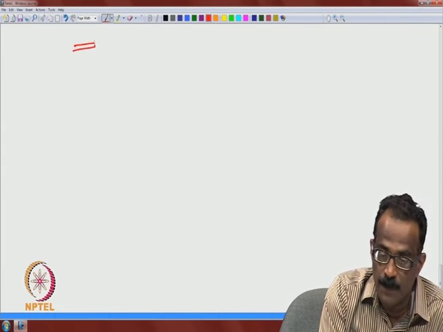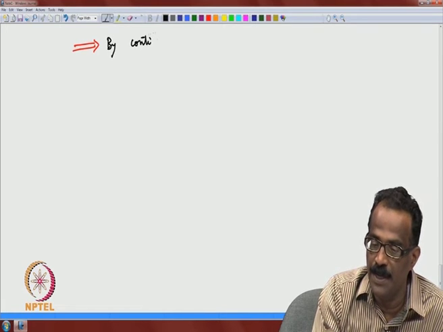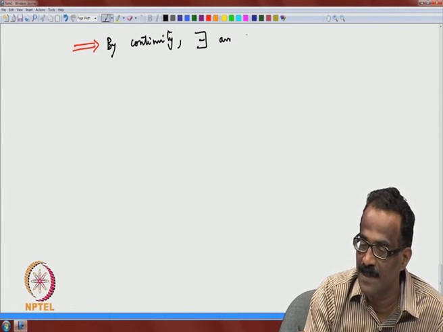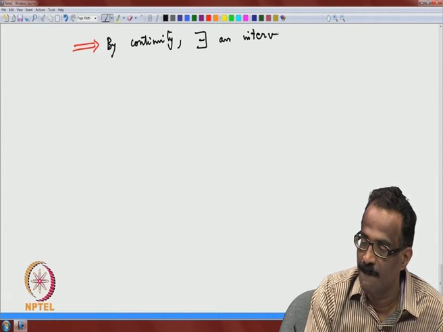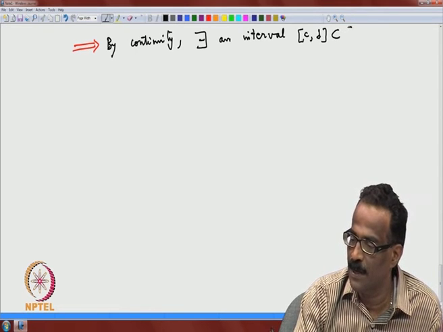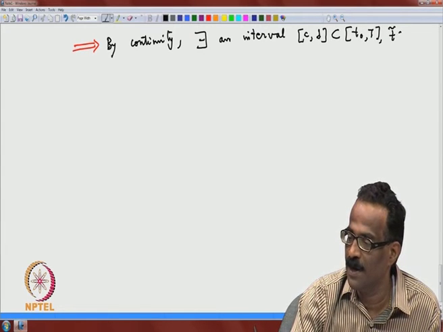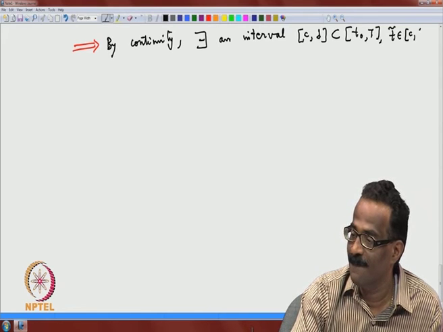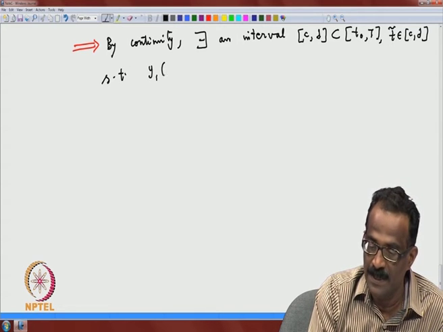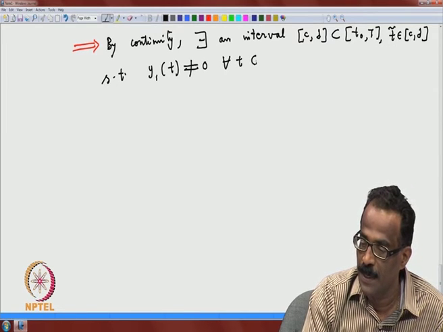That implies by continuity there exists an interval CD, of course contained in t naught to t, wherever it is, and of course t tilde, these are all not important right now, such that y1 at t is not equal to 0 for all t in CD.